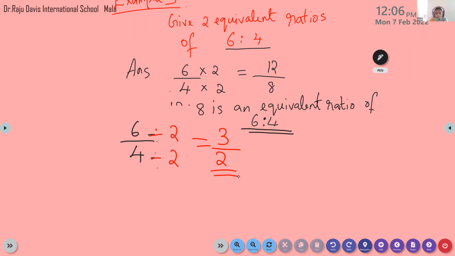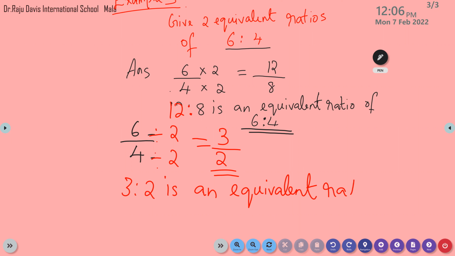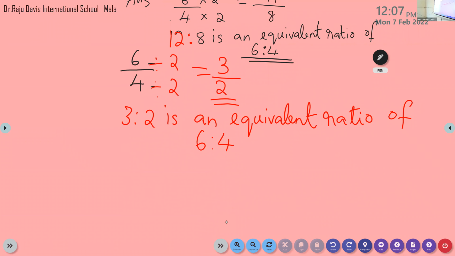So here, what we have written: 12 is to 8, and here 3 is to 2, are equivalent ratios of 6 is to 4. So we got two equivalent ratios. One is 12 is to 8 and the second one is 3 is to 2.